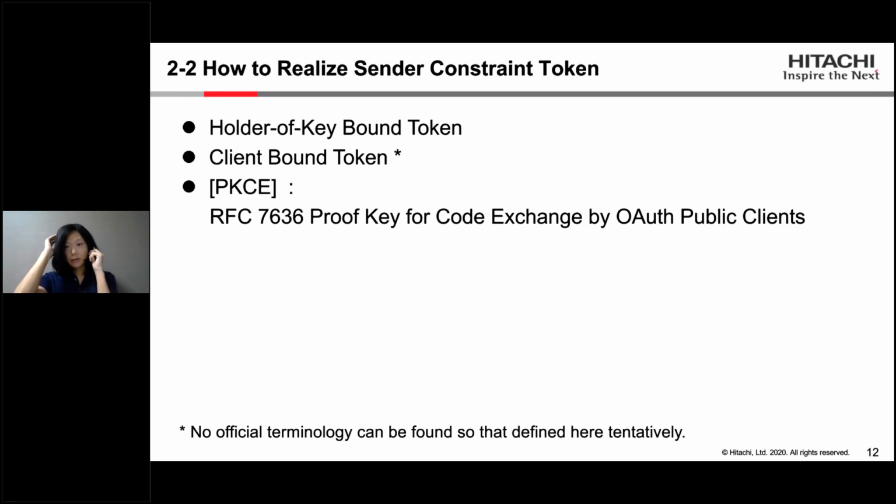Please note that this terminology, client-bound token, is not official. I have not found an official, appropriate terminology to describe this concept, so today I'd like to use this word tentatively.